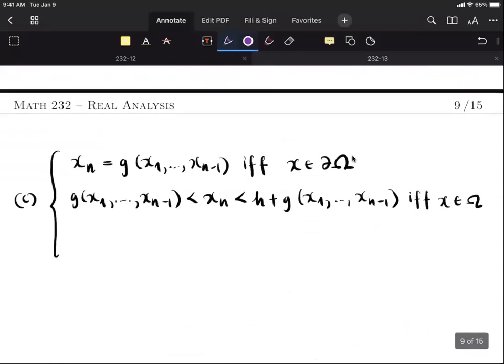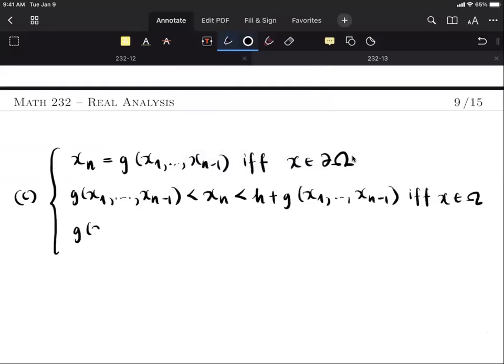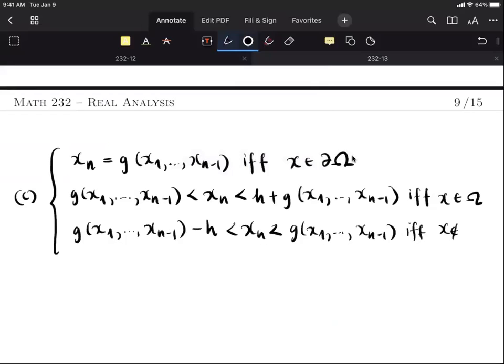So the other portion would be, if you subtract h from the image, that's the graph, this must be valid if and only if x is not in the domain omega.